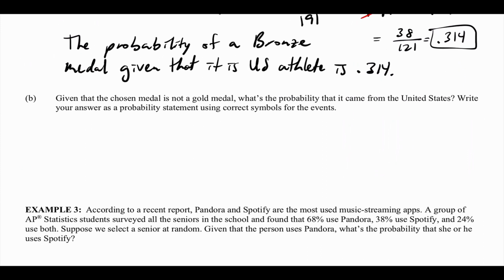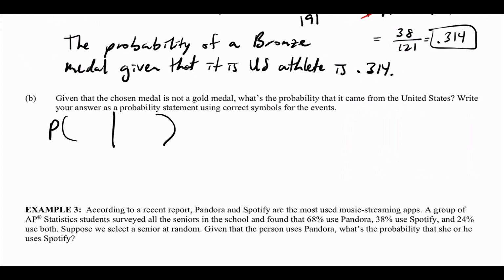Okay, so given that the chosen medal is not a gold medal, what's the probability that it came from the United States? So how would I write that? I'll give you a hint: there's going to be one of these guys. We're going to have to write a C on this one, right?